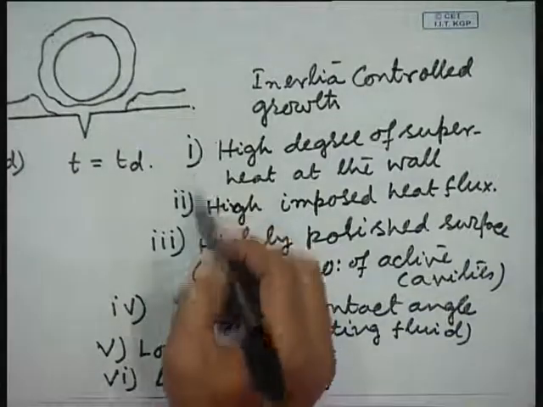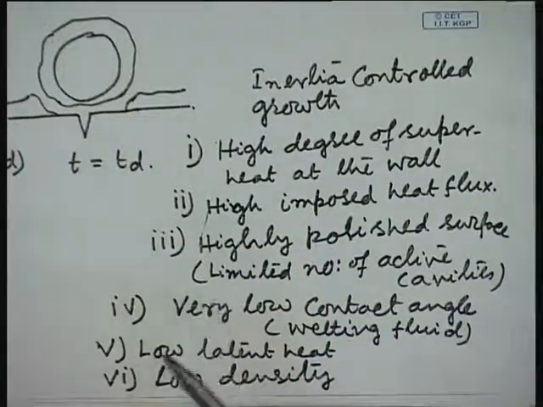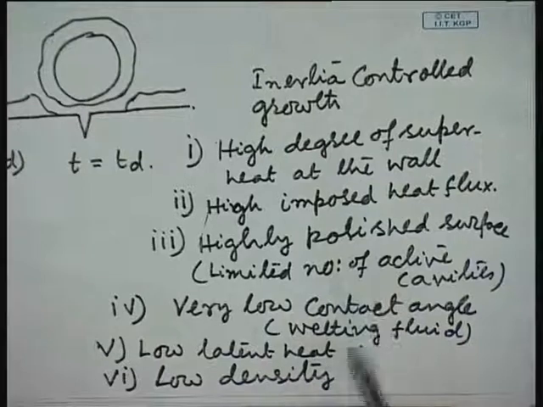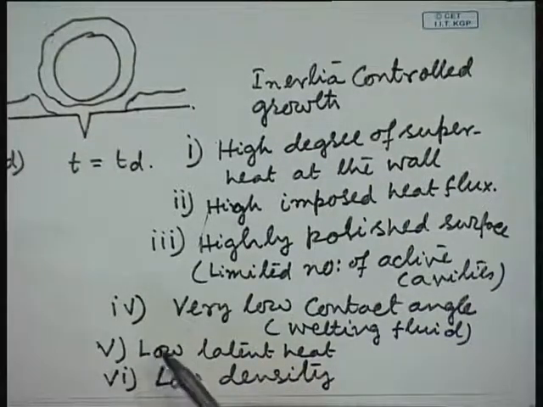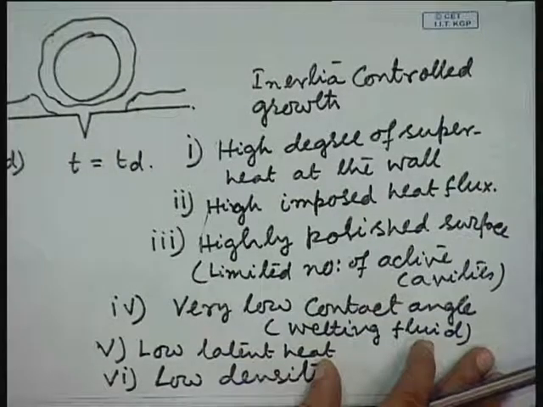Now, the first 4 points give a high degree of superheat during the waiting period, and the last 2 points give a faster growth of vapor bubble. So, when there is a combination of these two, then we will have inertia controlled growth. The reverse is true for heat transfer controlled growth.